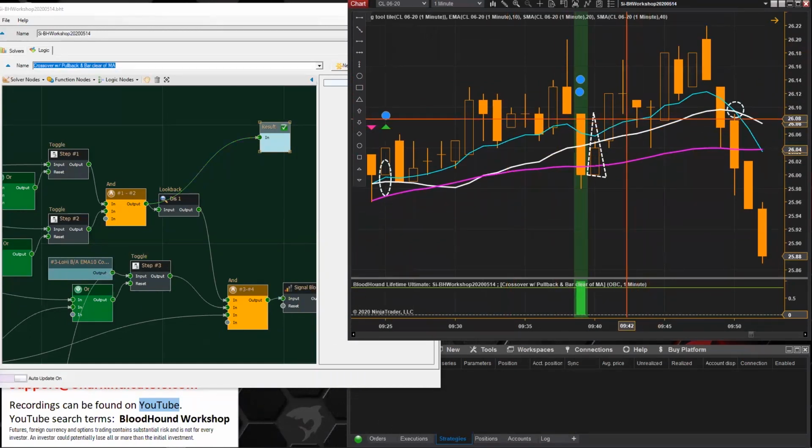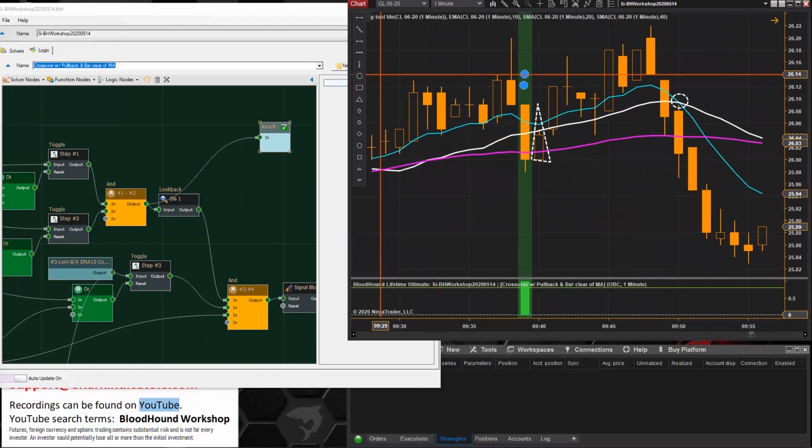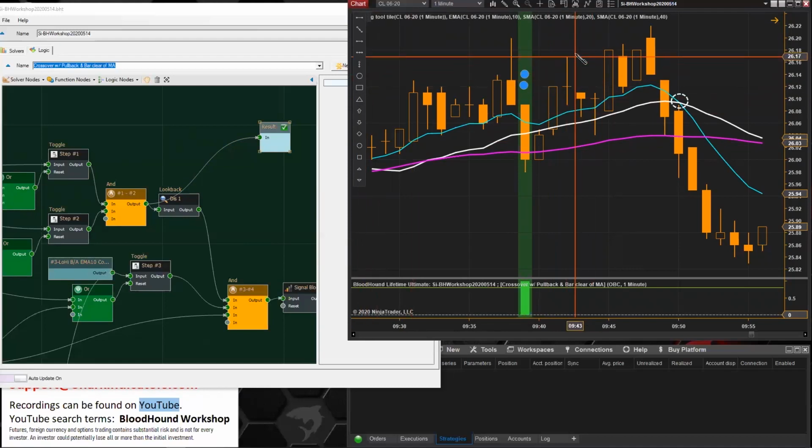And then, let's see. Cool. I think that candle is basically, see, that's step 2. Yeah, this would be step 3 and step 4. So I think we should get a signal there.